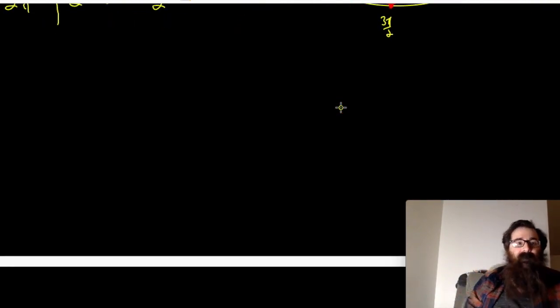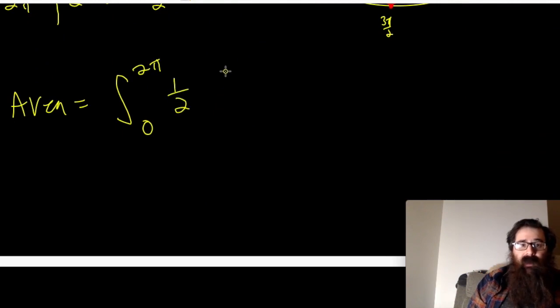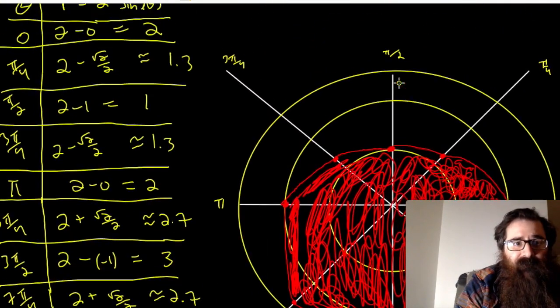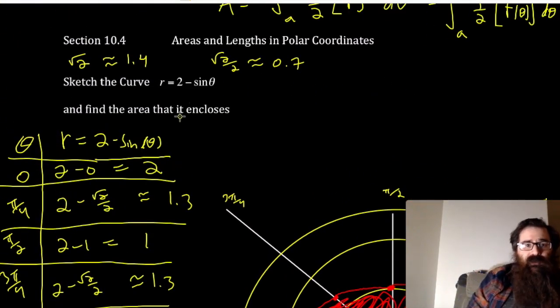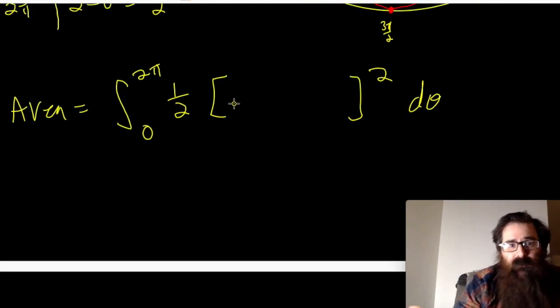So we'd say setting up to find the area, I would want to integrate from 0 to 2 pi, and then it's 1/2 and then r squared, and r should be my function, and I was given the function r, where here r is 2 minus sine theta. So r squared should be 2 minus sine theta squared.